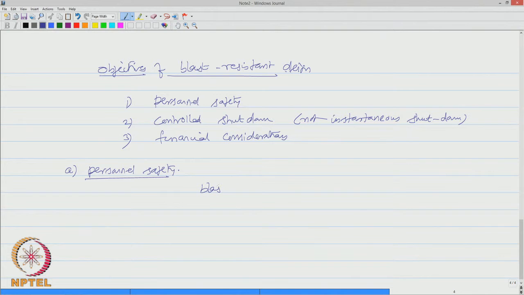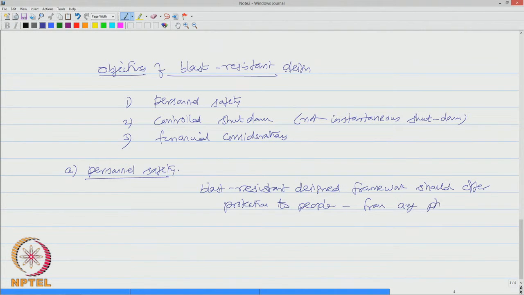Blast resistant design framework should offer protection to people from any physical injury.